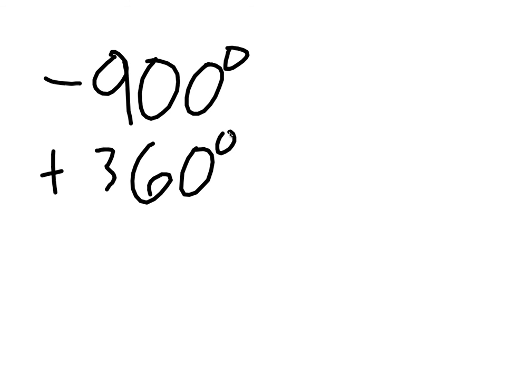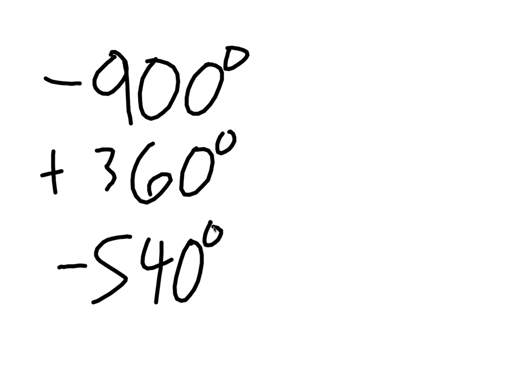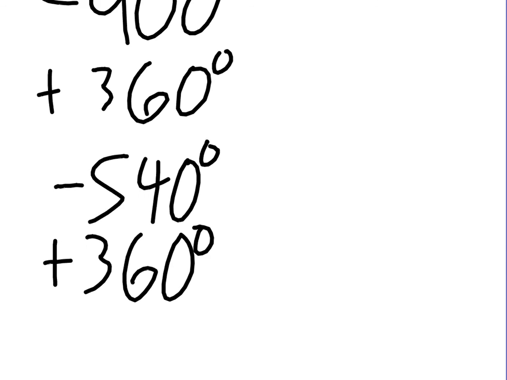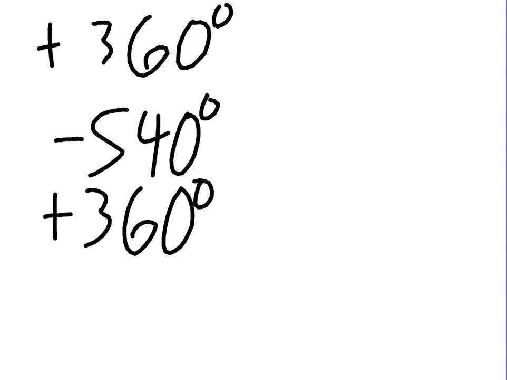So let's suppose for a second that we were dealing with something like negative 900 degrees. You can see that if you add 360 once, you're not going to end up anywhere close to between 0 and 360. You're going to have to keep adding 360 until you get there. I just want to demonstrate this because you will run into angles that are this extreme.